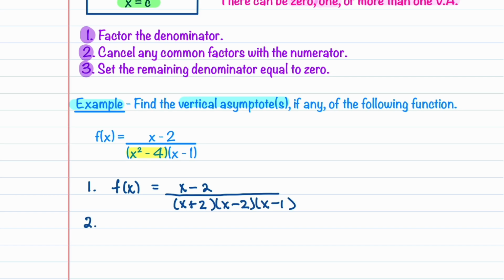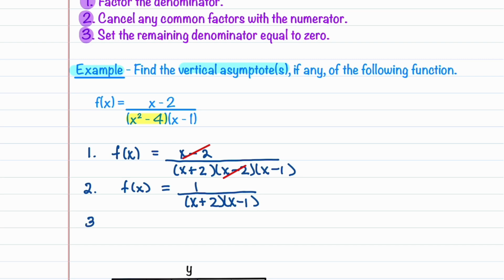And then what we're going to do for our second step is we're going to cancel any common factors. So when we look at our function, we can see that we have an x minus 2 in the numerator that cancels with an x minus 2 in the denominator. This gives us the function f of x is equal to 1, all divided by x plus 2 times x minus 1.